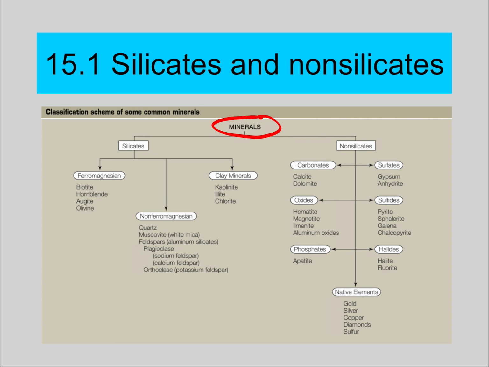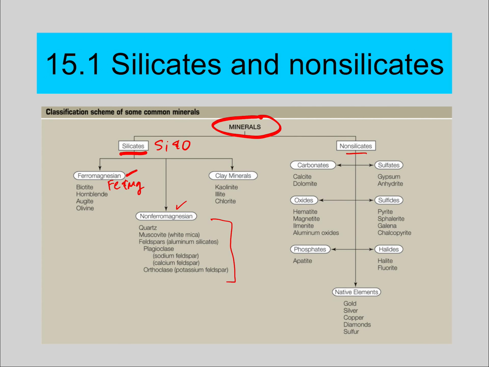Minerals can be classified in multiple ways, but the biggest way is to determine whether they're silicates, so this would be something that contains silicon and oxygen, or whether they don't contain silicon and oxygen. We can make further divides: silicates can be ferromagnesian or non-ferromagnesian, so this would be iron and magnesium.